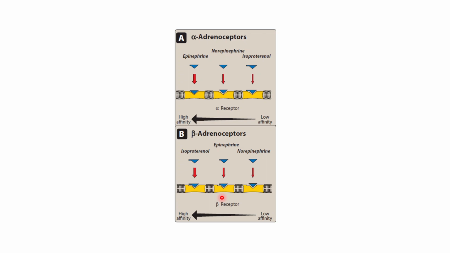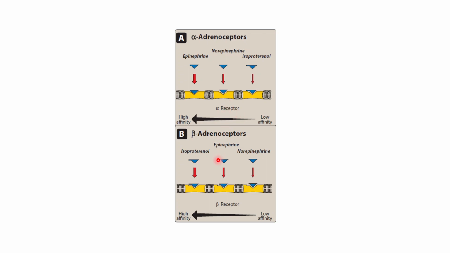Isoproterenol is a better beta adrenomimetic, and that is why it has very low activity for the alpha receptor. The highest activity for the alpha adrenergic receptor is with epinephrine, because epinephrine is released to the blood, and in the vessels the majority of receptors are alpha receptors, specifically the alpha 1 subtype.